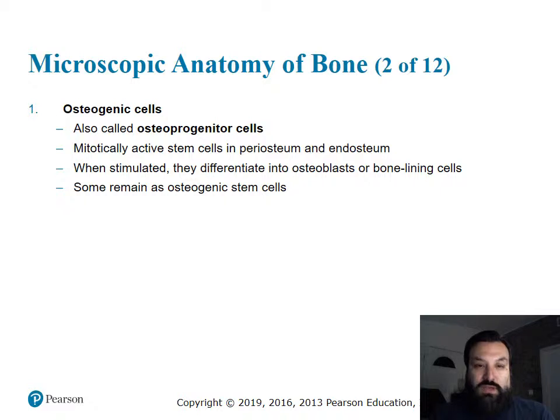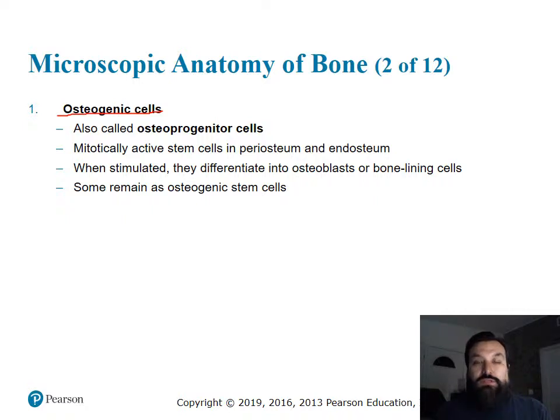So our first one is the osteogenic cell. We just talked about an osteogenic stem cell, and these are actually what these are. We sometimes call them the osteoprogenitor cells because they are the ones that undergo mitosis. They're stem cells. You find those in the periosteum and the endosteum.